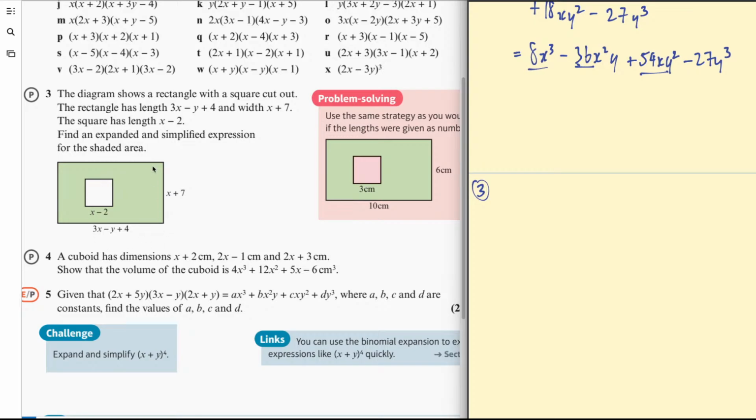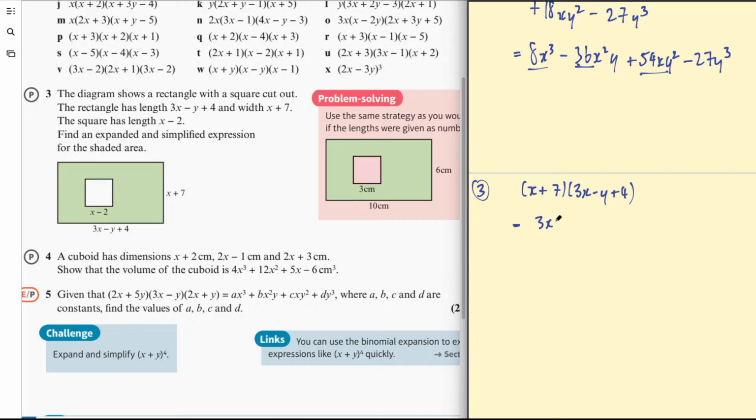Okay, so shaded area questions, you work out the larger shape, you work out the smaller shape, and you subtract them. So basically what we're doing here is the length times the width to get the area. So x plus 7 multiplied by 3x take y plus 4. Let's expand and simplify this.